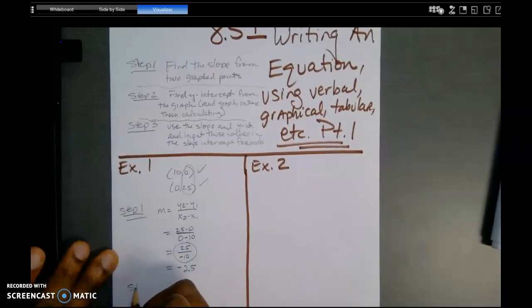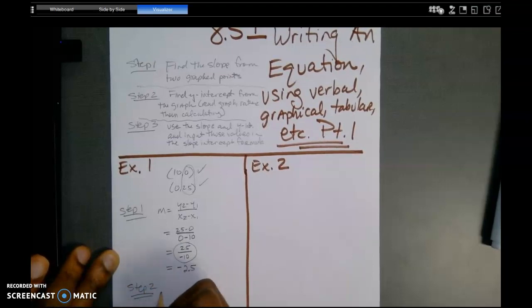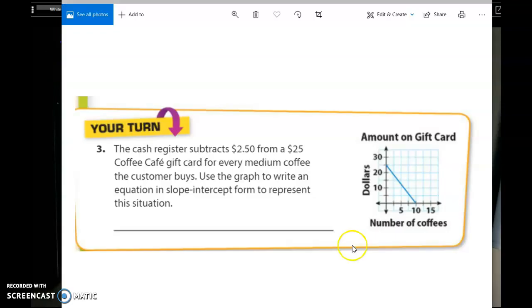Step number 2, and I'm going to go back to the graph to take a look at that. If I take a look back at my graph, I notice that it hits the y-axis. This is my y-axis. It hits the y-axis at 0, 25. So again, what is the value for y in that particular case?